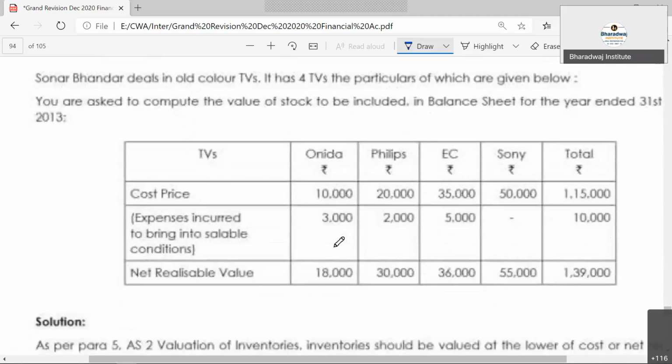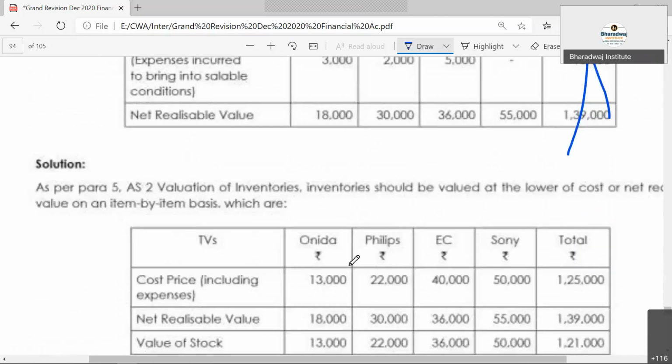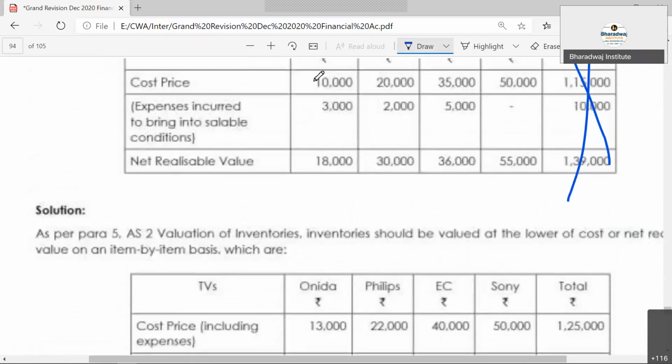Okay. Cost price is given, along with expenses incurred to bring the goods into saleable condition for different types of TV. We should ignore the total. Don't take the total. For individual items, you have to work out. What is the cost price? 10,000 plus you have to spend 3,000, 13,000. 20,000 plus 2,000, 22,000. 35 plus 5, 40,000. 50,000, like that.